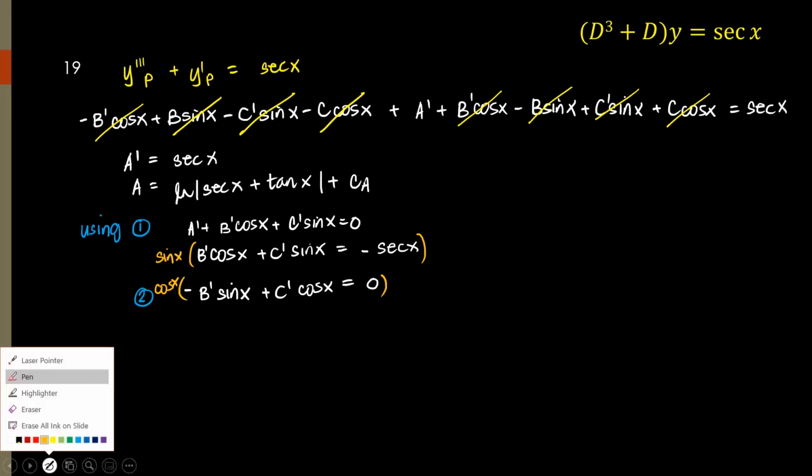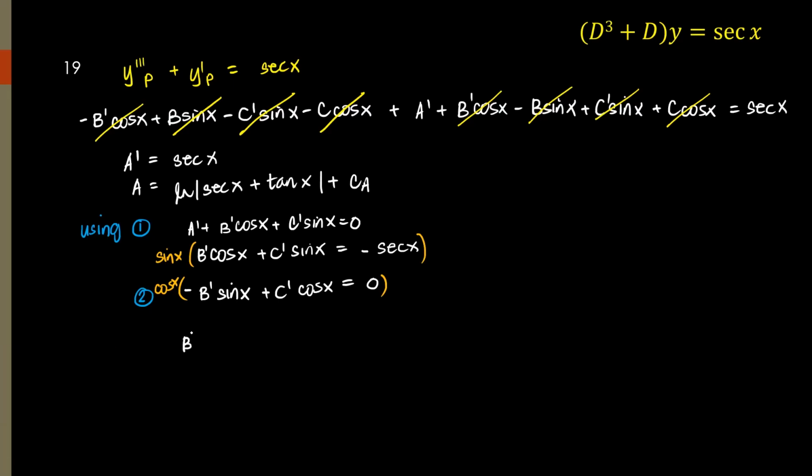Therefore, the new equations would be b prime sine x cos x plus c prime sine squared x. Secant is, what's secant, guys? 1 over cosine, right? So this one is negative tangent of x because negative sine over cosine is negative tangent. This one, negative b prime sine x cos x plus c prime cos squared x is equal to 0.